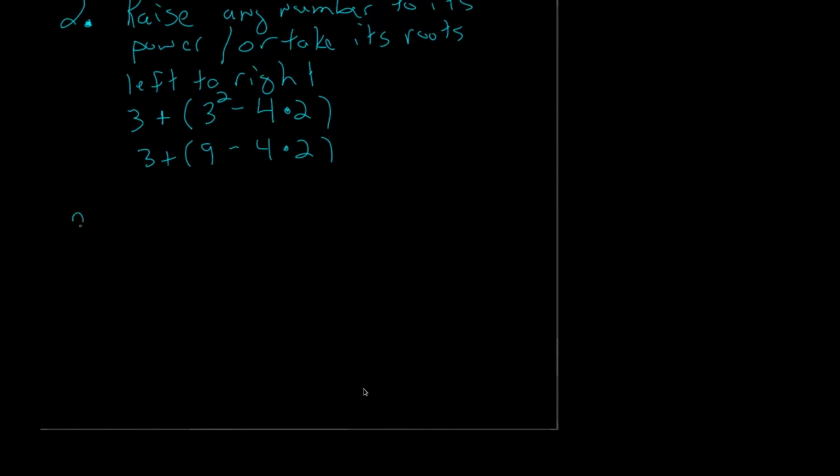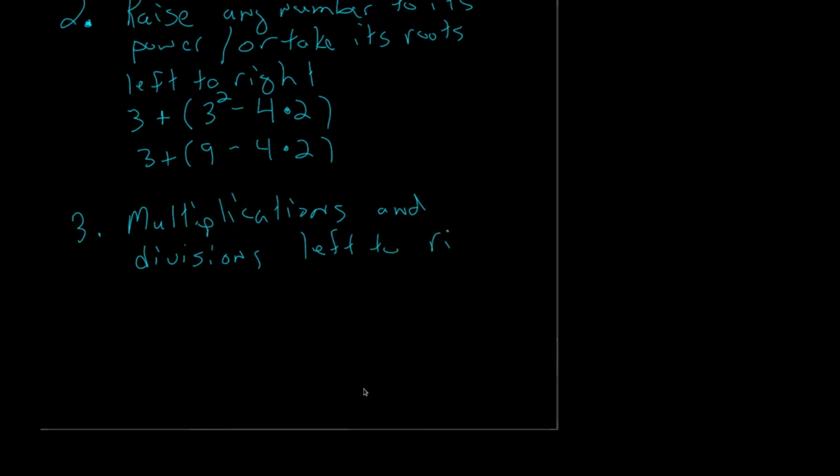The third thing we do is we do multiplications and divisions. Again, left to right. So again, using the one up above, I'm still trying to get everything in the parentheses using an order of operations in there.